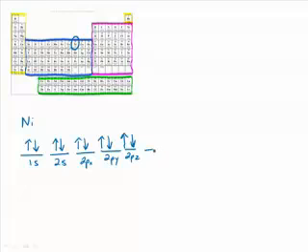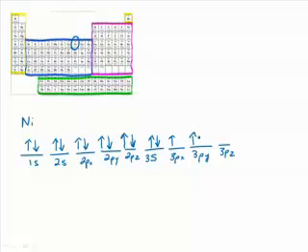Then we drop down to the 3s, and then 3p, and that one's going to be also completely full. Remember Hund's rule, we go one at a time, then fill them.